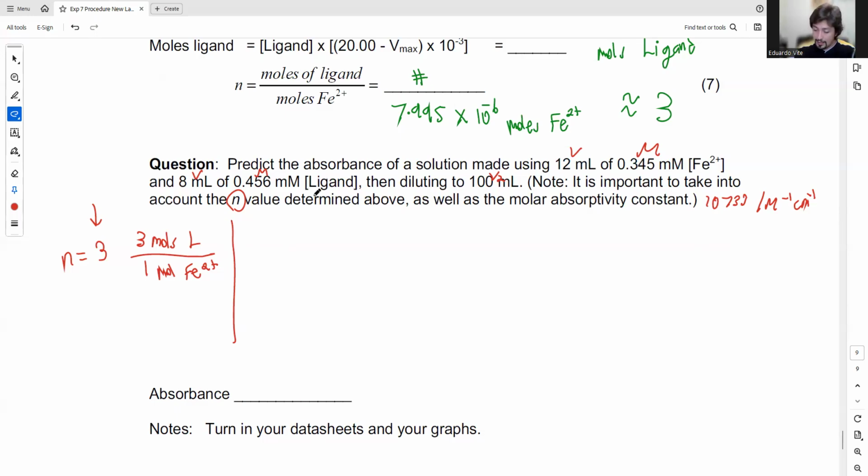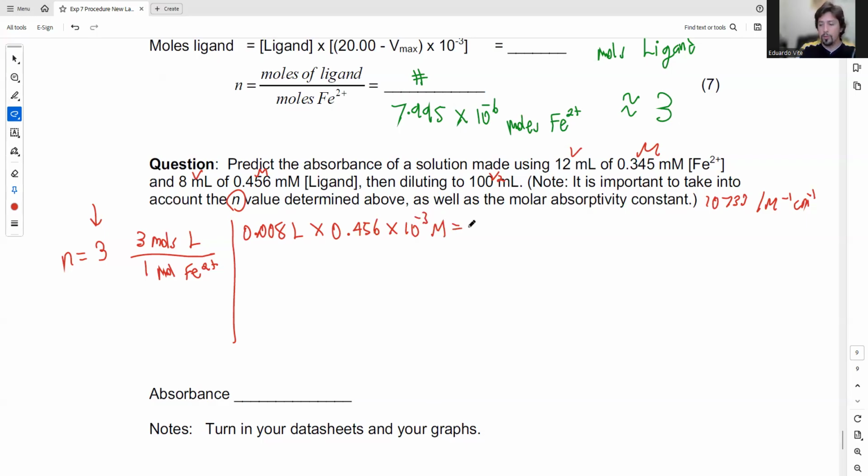Well, let's see. It's moles of ligand over moles of Fe, and it's supposed to equal roughly somewhere close to 3. So let's start with the ligand. It says we have 8 milliliters of ligand, so 0.008 liters times 0.456 times 10 to the negative 3 molar.